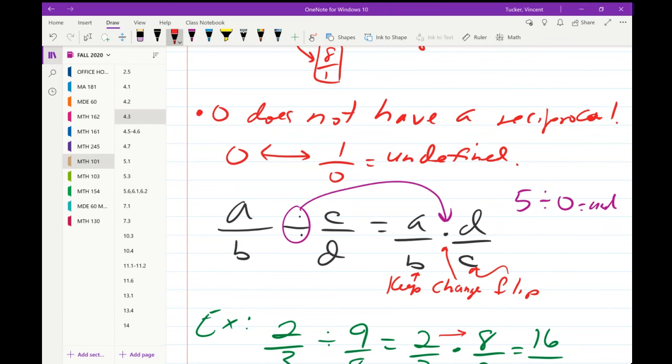Once again, you keep the first fraction the same. The division changes to multiplication, and you flip the fraction that follows the division sign. So that's how you will divide fractions, by multiplying by the reciprocal.